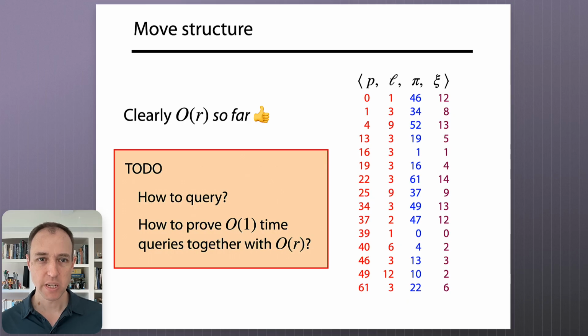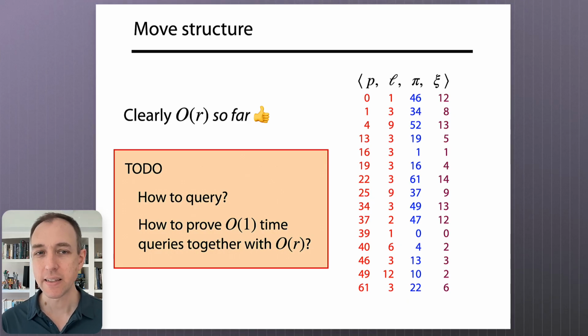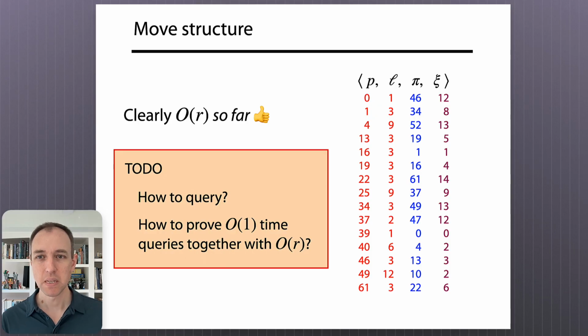Furthermore, I think it's pretty clear this is a big O of R data structure. After all, it has exactly R rows in it, one row per run. Each row consists of 4 numbers: p, L, pi, xi. So it's pretty easy to argue this is a big O of R data structure. You might say it's big O of R words because it's 4 words per row.